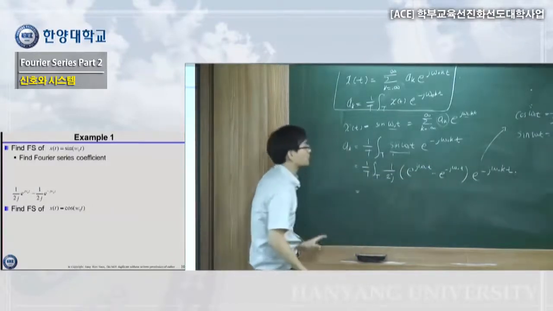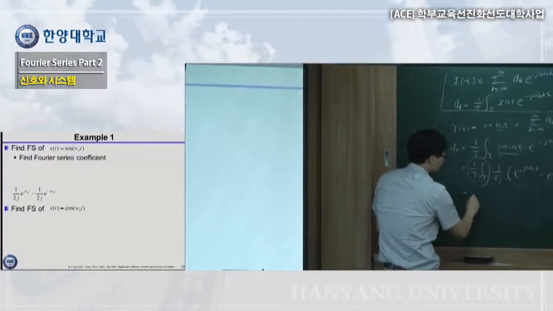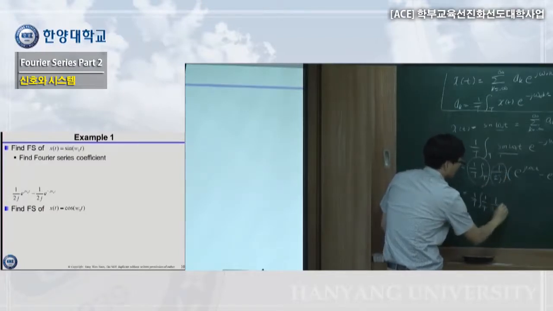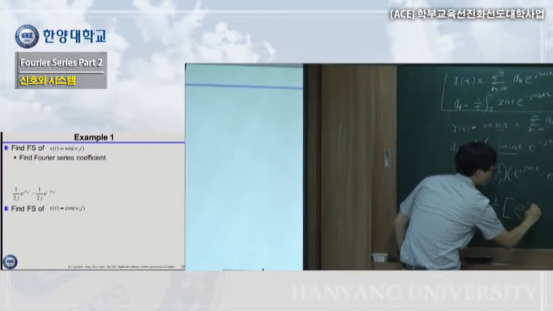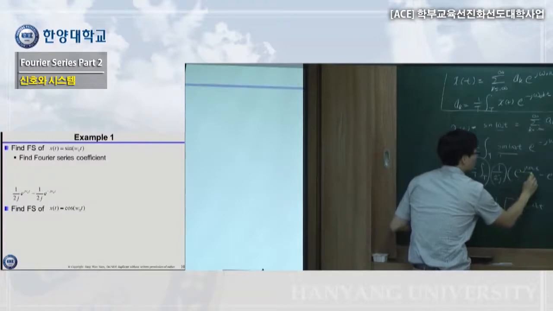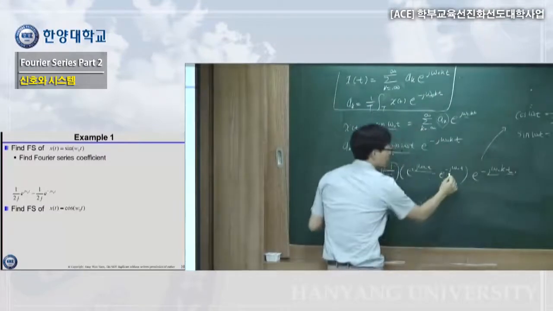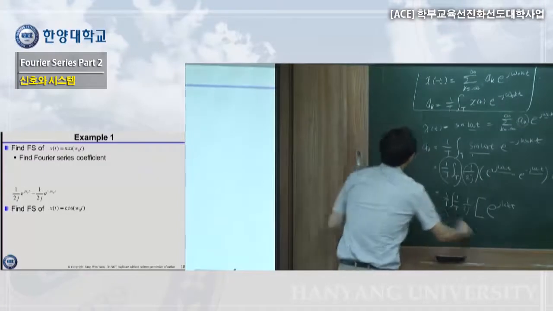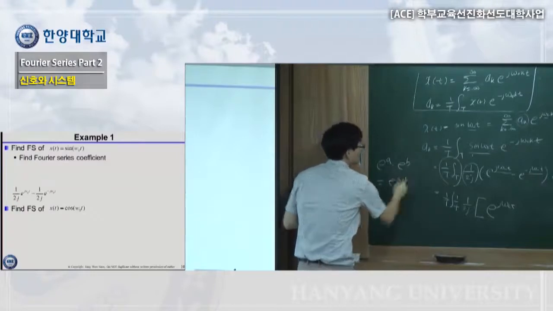Over a period, this one becomes 1 over 2j times (e^{j omega 0 t} minus e^{-j omega 0 t}) times exponential minus j omega 0 k t. Exponential j omega 0 t is shared; it exists everywhere. The only difference is, if you multiply e^A times e^B, you get e^{A+B}, right?